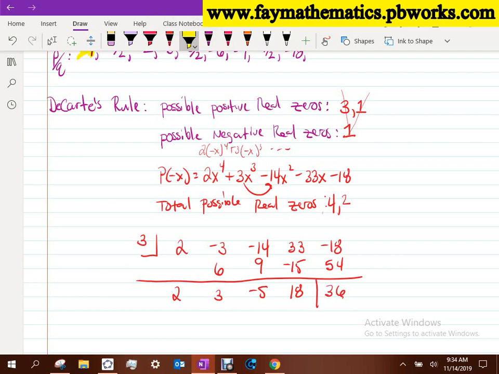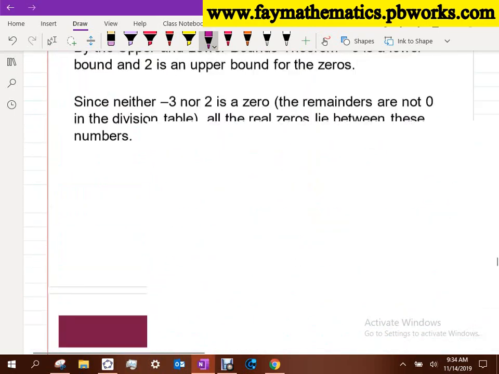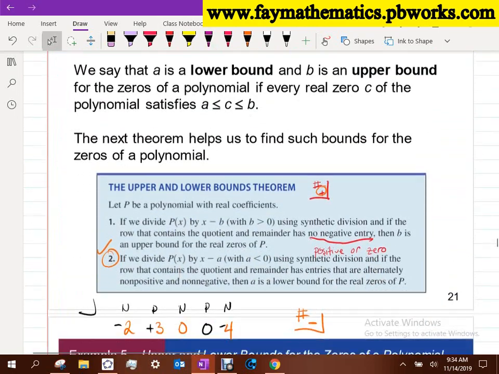Something to think about, this was positive out in front. So when positive, I'm going to look at my quotient line, and my hope is that all of these are positive. And there's one throwing it off, right? The reason I would look for all those to be positive is the upper and lower bound theorem that we talked about yesterday.